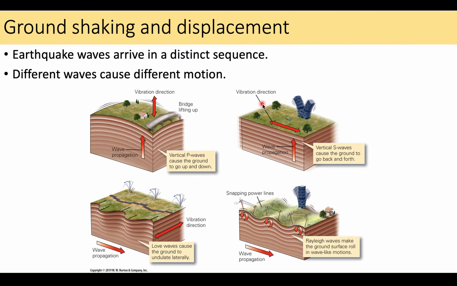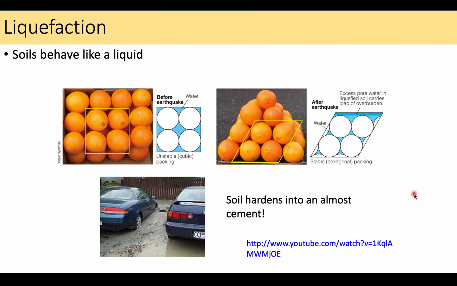So our ground shaking, displacement: depending on the different types of waves, we're going to have different motion, and they always happen in the same sequence. Remember, we have our P waves, our S waves, and then our surface waves come next. So the surface waves are what's going to cause the most destruction.